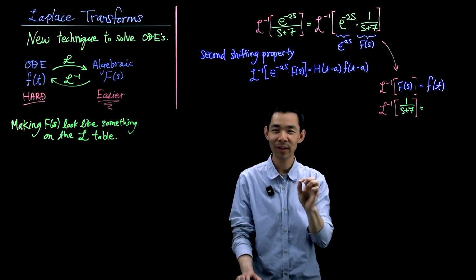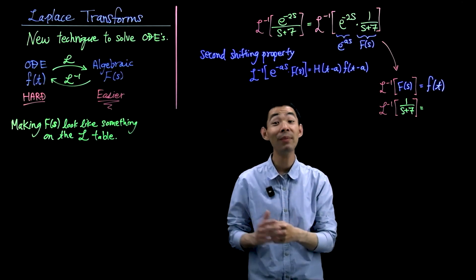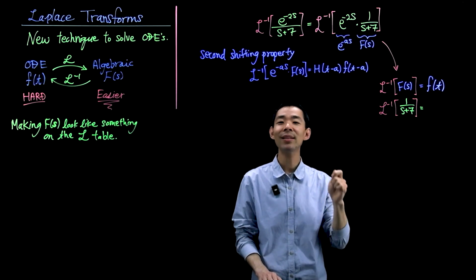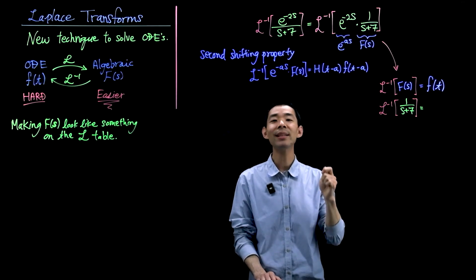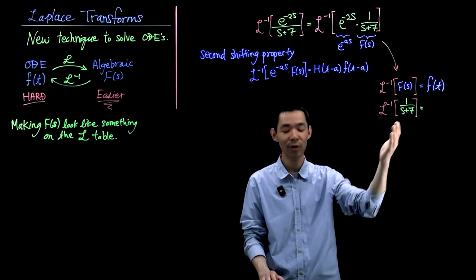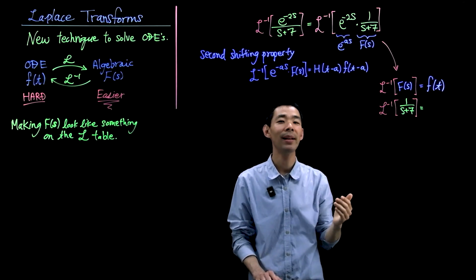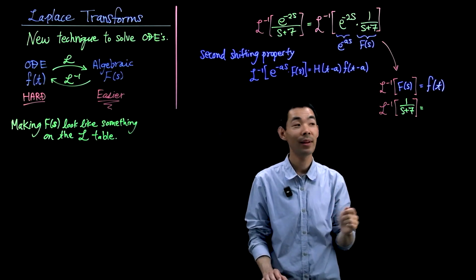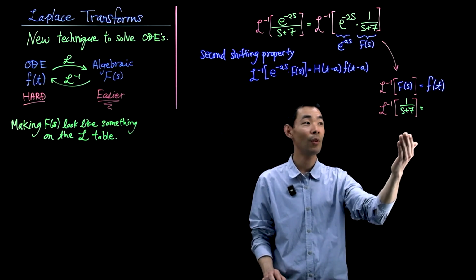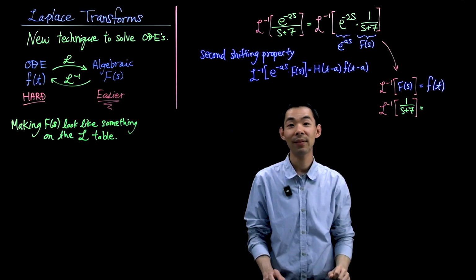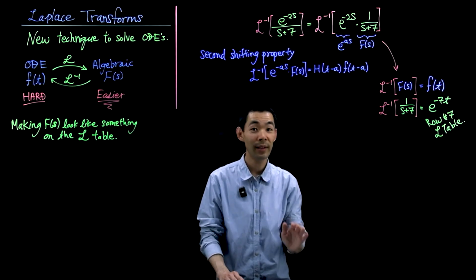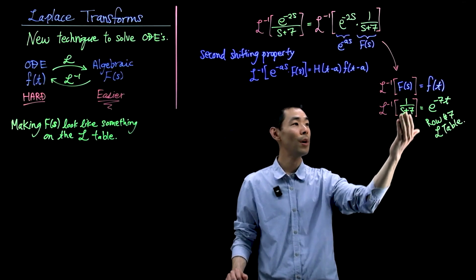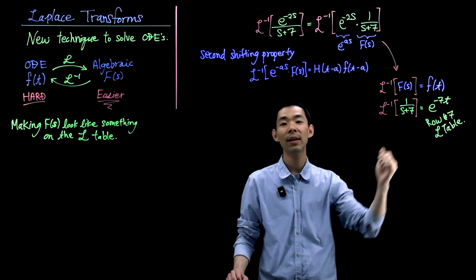If you go back to the Laplace table, in the previous example we just did, there's an entry on the table of e to the at, where the Laplace transform of e to the at is simply 1 over s minus a. Therefore, in this particular case, a is equal to -7, and so this inverse Laplace transform is simply equal to e to the -7t. So this is simply row number 7 on the Laplace table. So the inverse of 1 over s plus 7 is e to the -7t.